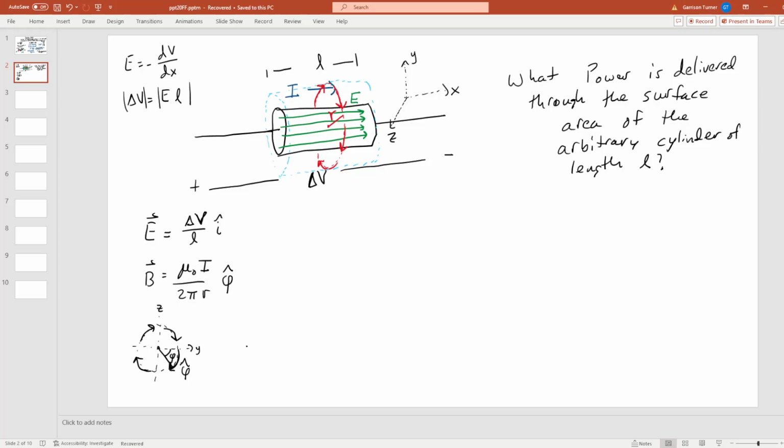But the result from cylindrical coordinates is that I cross phi, okay, if I do the right-hand rule, then what I see is that this Poynting vector S is going to be pointing downward into the resistor.